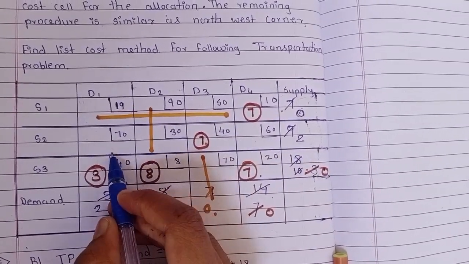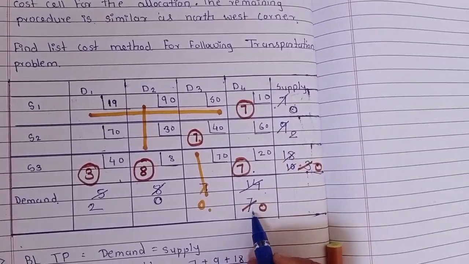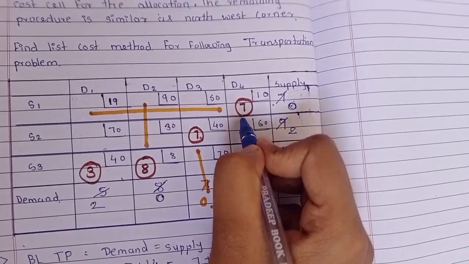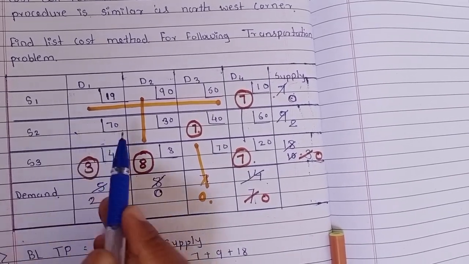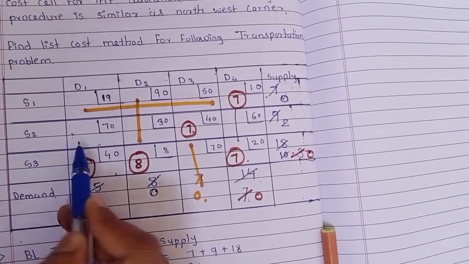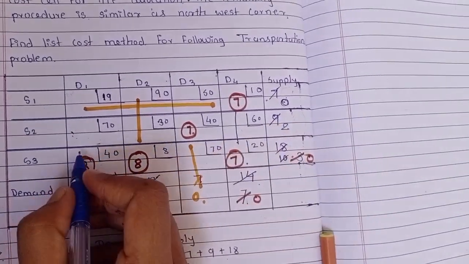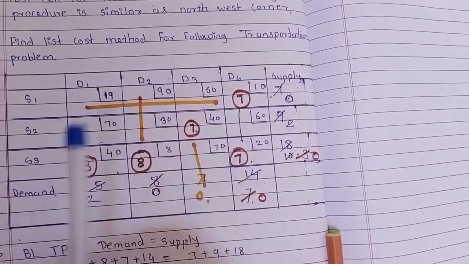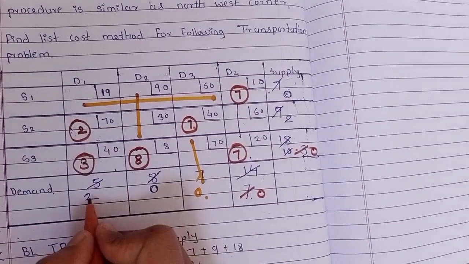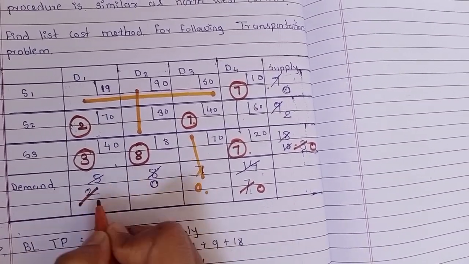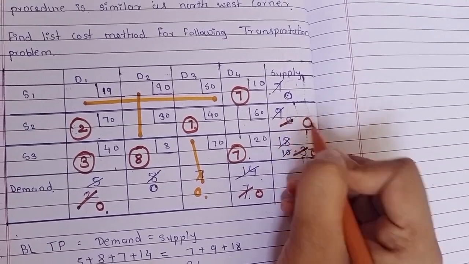Between 60 and 70, there is no other demand here, so we cut down this cell. Now only one cell remains for the allocation, that is 70. So we make the last allocation of 2 in this cell, and subtracting this 2 from this 2, we get 0.